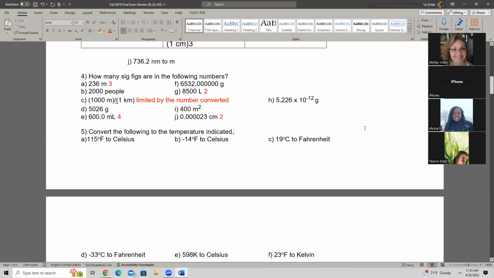Okay, so I did all of those. A, B, C, D, E, F, G, H, I. Oop, I skipped I. I is only 1. Why is it only 1? Because we do not count the zeros when there's no decimals.